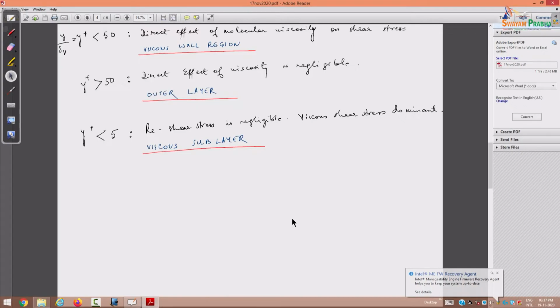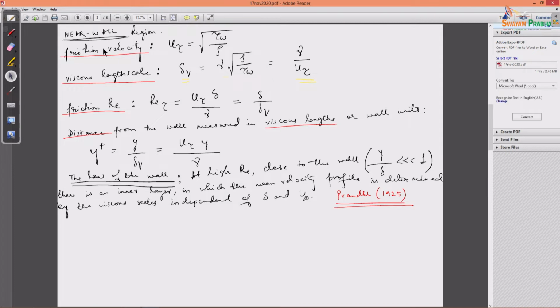Hi, welcome back. We've been looking at boundary layers, and we were at the viscous sublayer in the last class, looking at some mathematical relationships which will be applicable only to that region. We defined some near-wall variables: u tau, delta v, the friction Reynolds number, the viscous length scale, and the friction velocity.